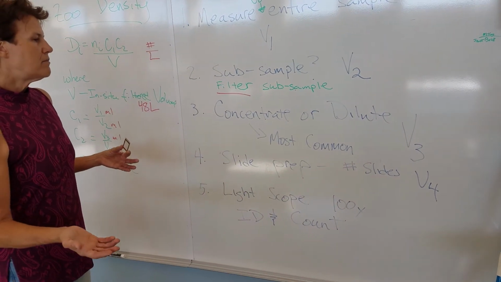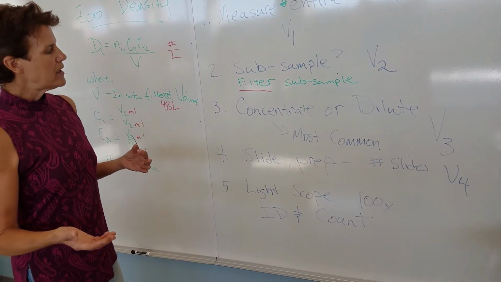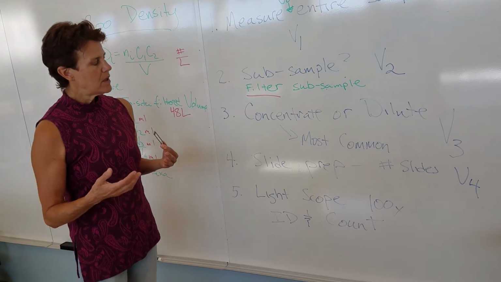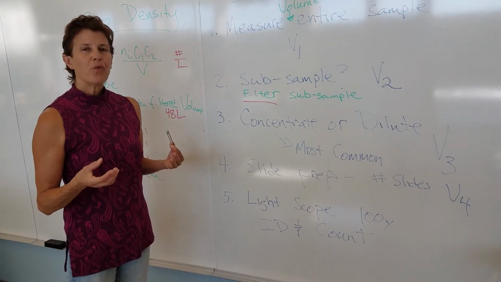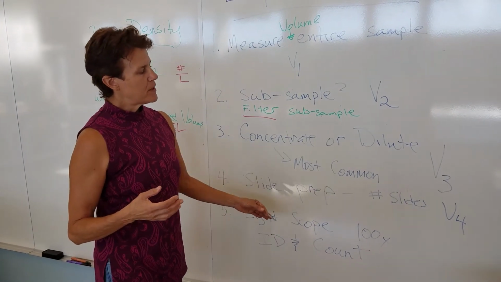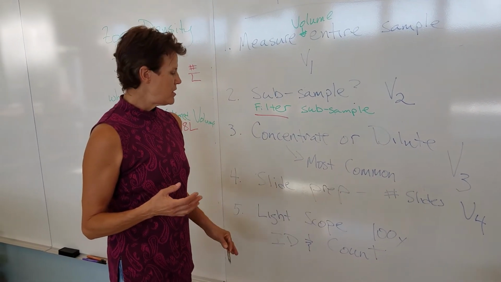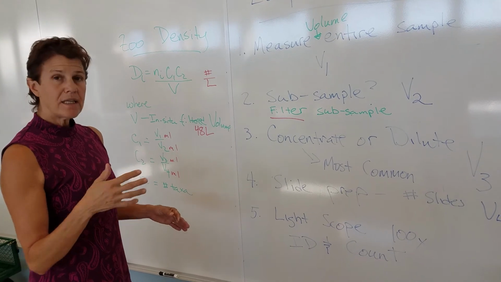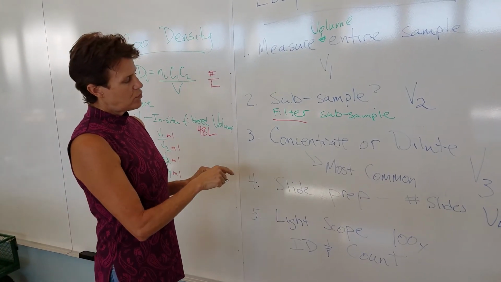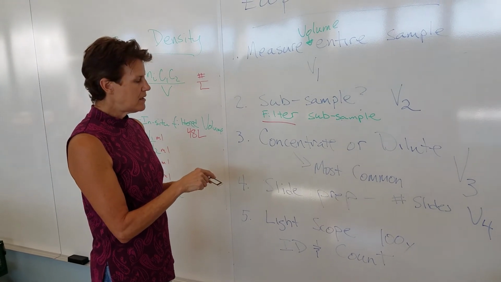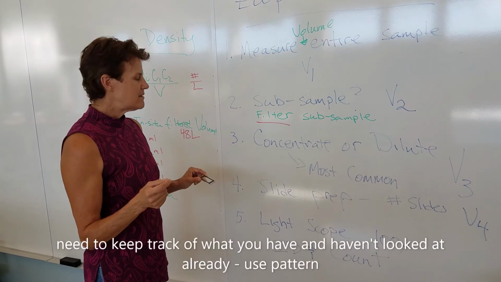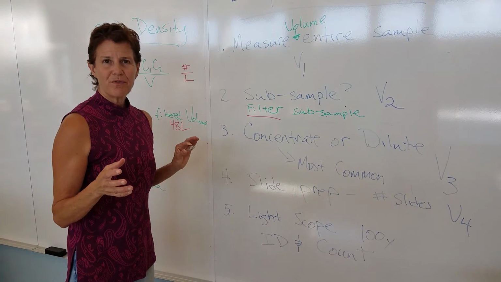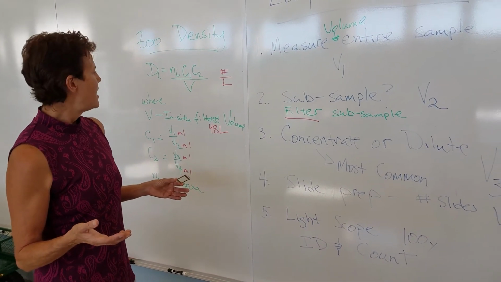Okay, so when you are looking at the slides, your main goal is to ID and count, and you're going to go through some procedures on a light microscope where you get down to good visibility at 100 times magnification, and then we use ID guides, paper ID guides, our online guides to ID what's on the slide, and then we do a racetrack kind of counting and IDing activity to determine the total different types of organisms and the numbers on the slide.